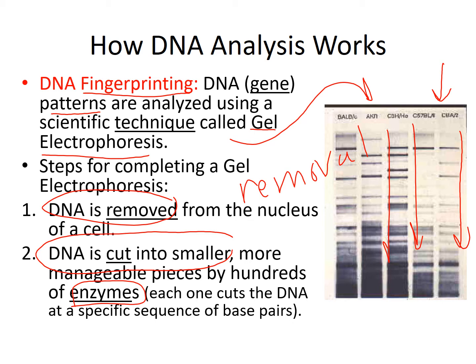So the base pairs, it could be every time it says CCC, we're cutting it at CCC, okay? So DNA is cut smaller. The thing is, we know that smaller things move. Like if I get a smaller ball, like a baseball, I can probably throw that farther than I can throw a football because of how big it is. So DNA has to be cut smaller, which is again manageable by enzymes.